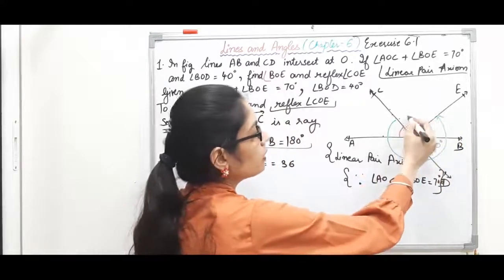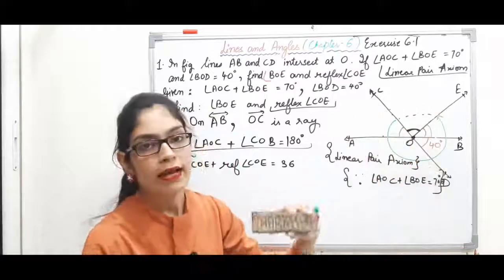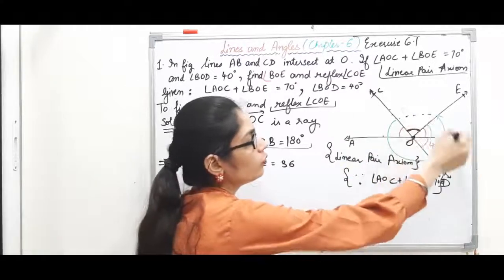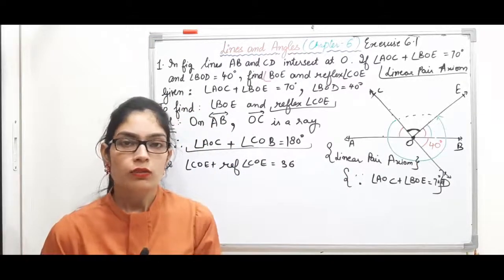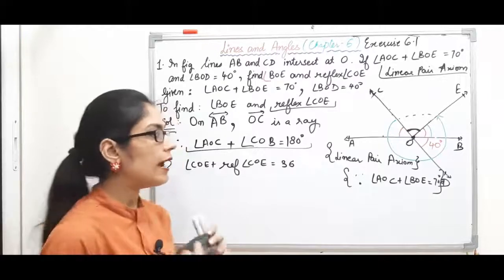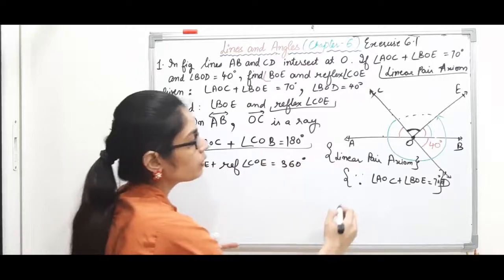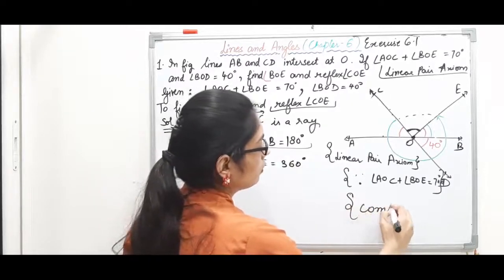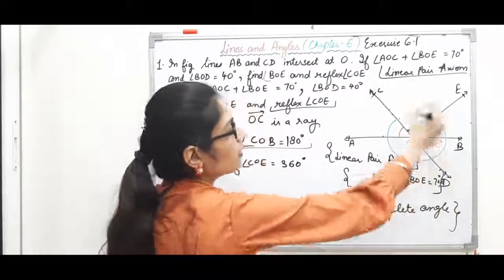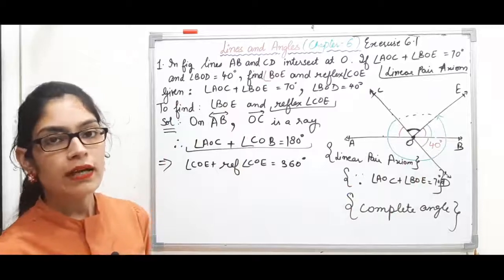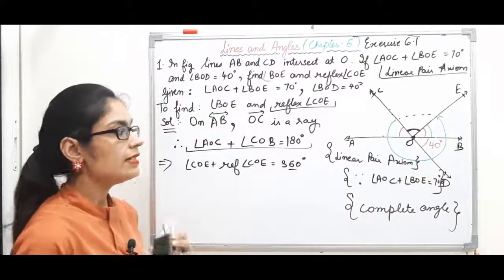If you add both of these two angles, it will become a circle, and I have already explained, whenever you get this circle form, it represents a complete circle. From here also you can always remember one thing: whenever you are adding an angle and the reflex of that angle, it will always be a complete angle, because it will give you a circle. So circle, it's a complete angle, full rotation angle, and the sum of it is equal to 360 degree.